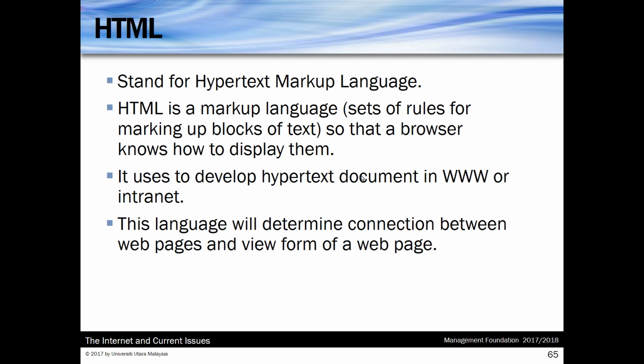They label pieces of content, such as this is a heading, this is a paragraph, this is a link, and so on. It is used to develop hypertext documents on the World Wide Web or the intranet, and this language determines the connection between web pages and the view form of a web page.